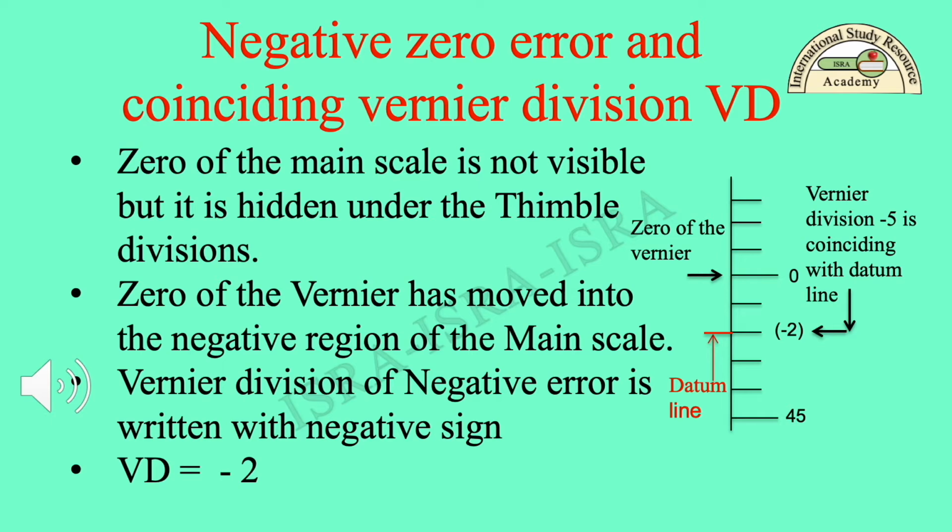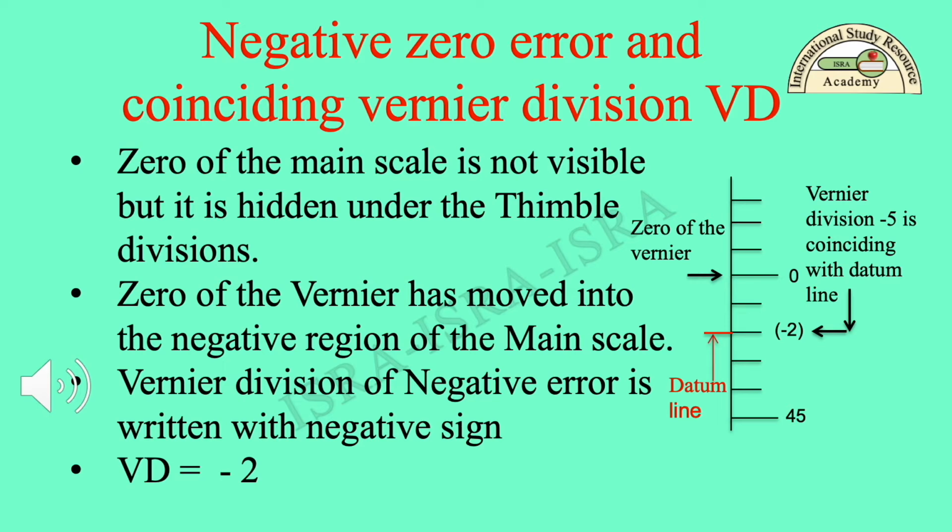In this diagram, the coinciding division is equal to 2. You will write it as -2 because you are counting downwards towards the datum line, or this micrometer diagram has negative zero error. Vernier division of negative zero error is written with the negative sign as VD equal to -2.